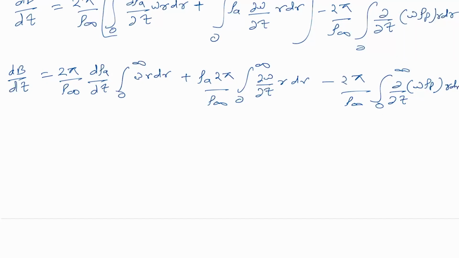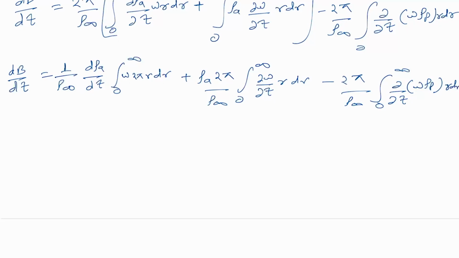We will simply remove this part, and that becomes 1, and I will move this a little bit here, and this also goes here. So now this becomes w 2 pi r dr. Okay, so 2 pi r dr w.